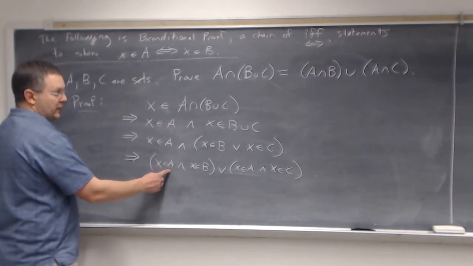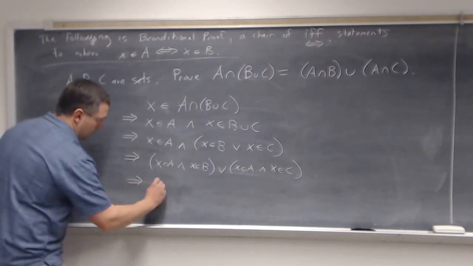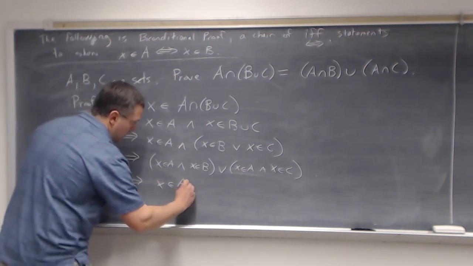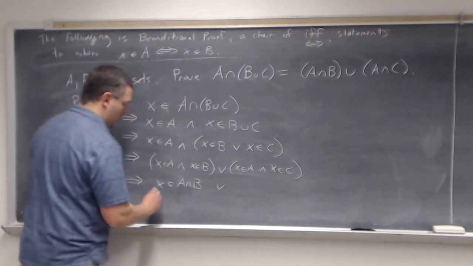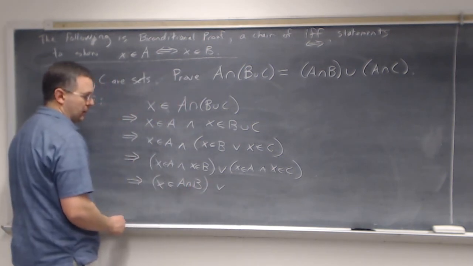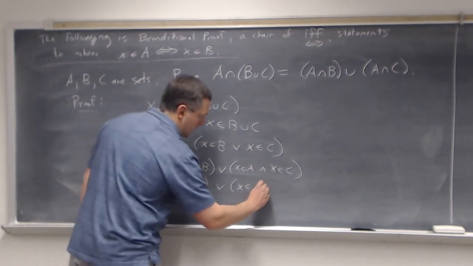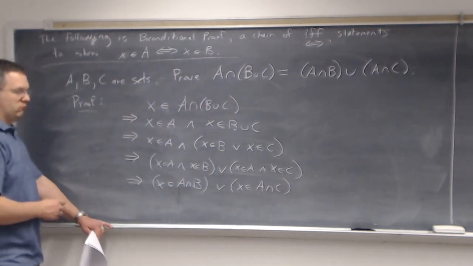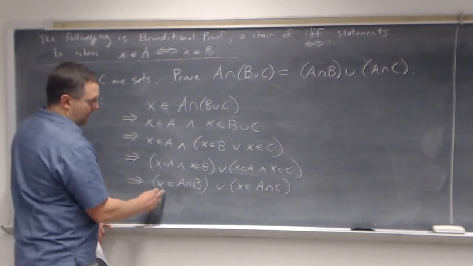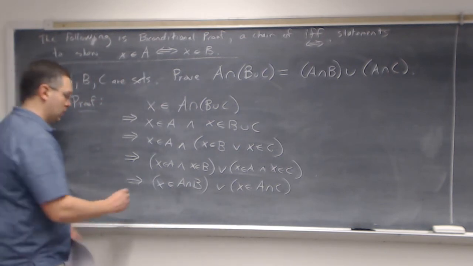Let's use the definition of intersection here. So if x is in A and x is in B, that implies that x is an element of A intersect B. Or, using the definition of intersection again, x is an element of A intersect C. Now, if x is in this set or x is in this set, I can use the definition of union.